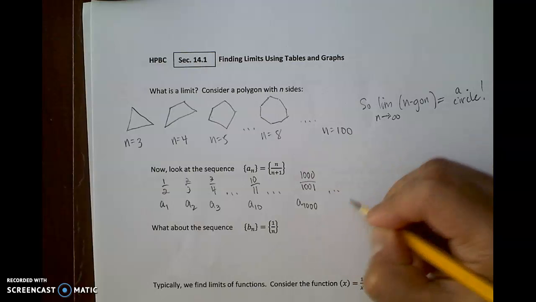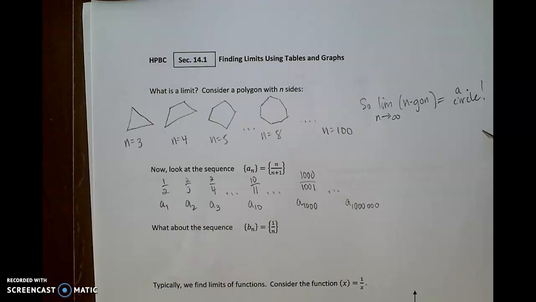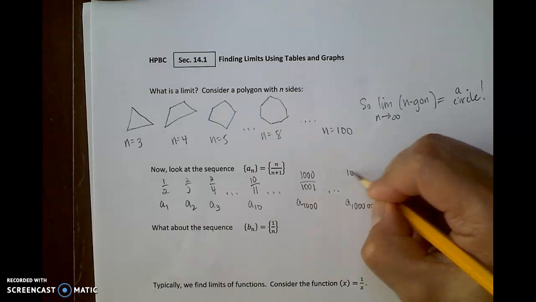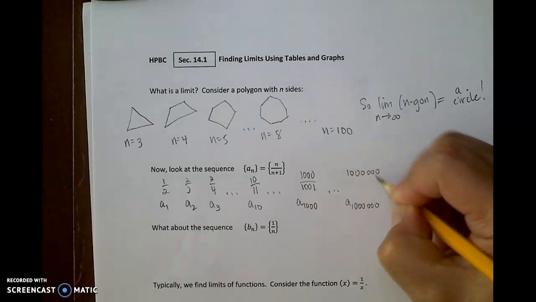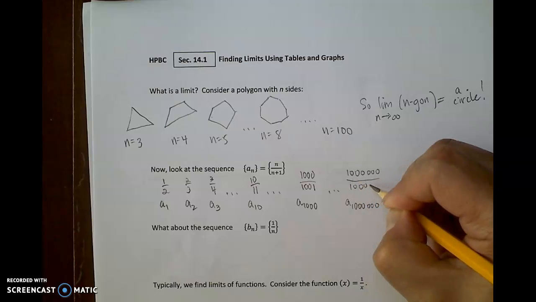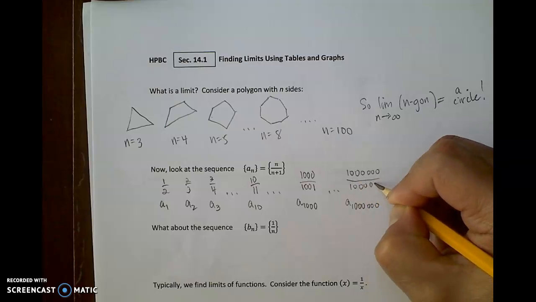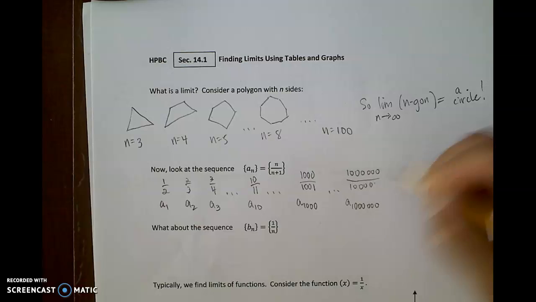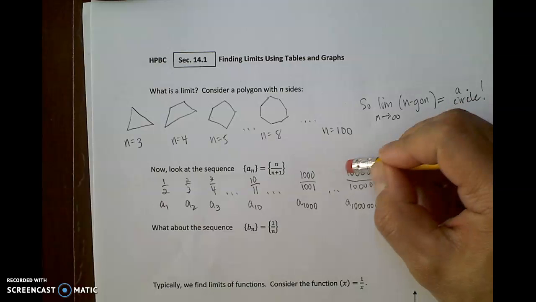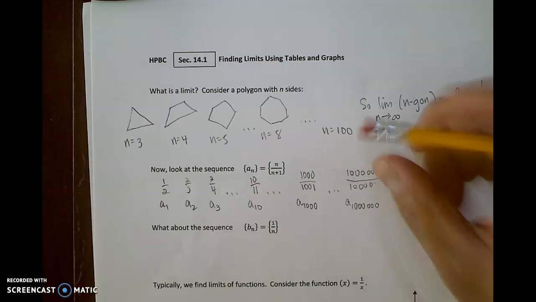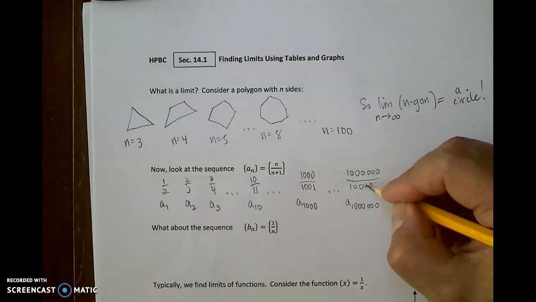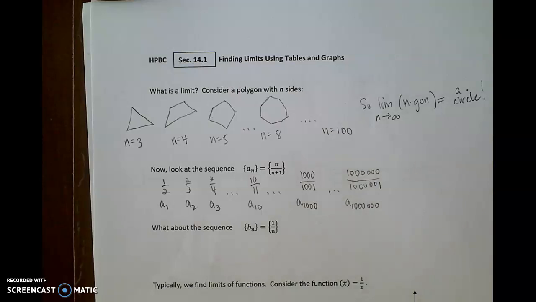If I skipped all the way to the 1,000,000th term, plug 1,000,000 in for n, one too many zeros, I think. That's right. This is what we'd end up with.